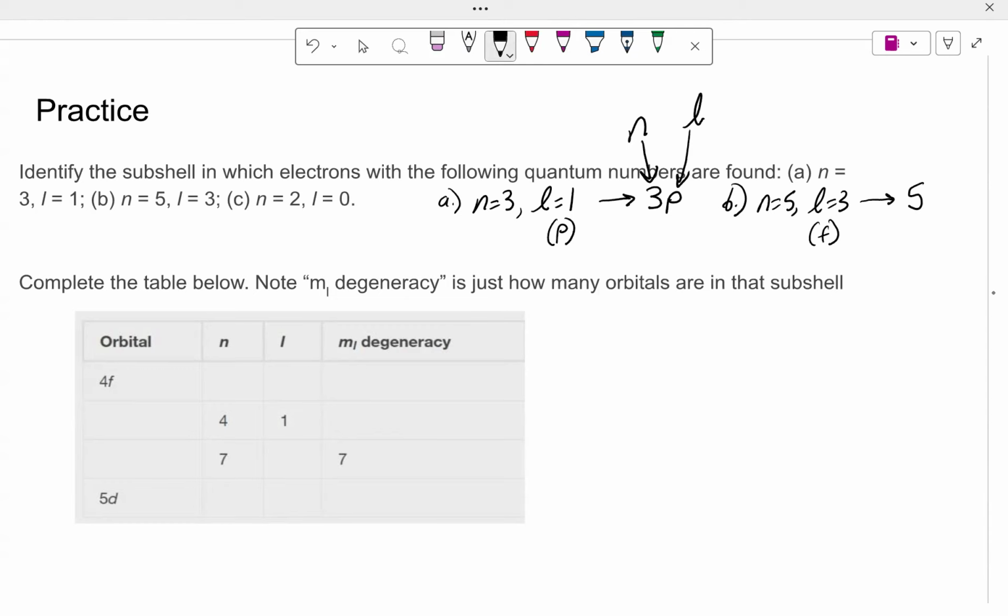Again, 5 is for the energy level, and F represents L. And then C, n equals 2 and L equals 0. The number 0 represents S. And so if an electron were in this subshell, we would say it's in the 2s subshell, or the 2s orbital.